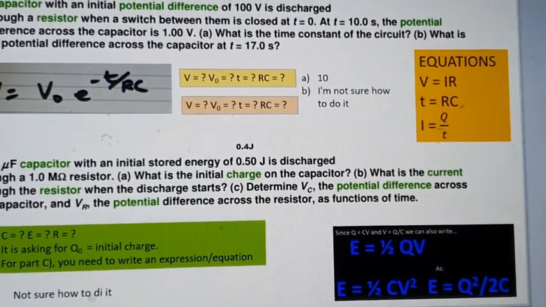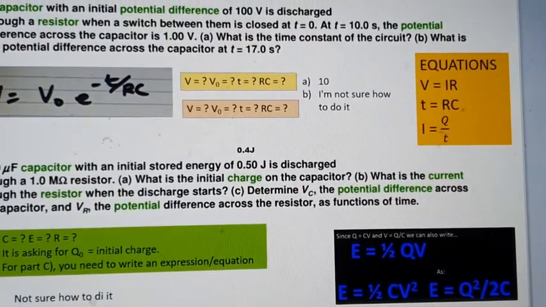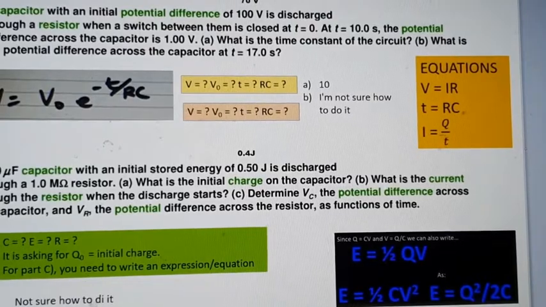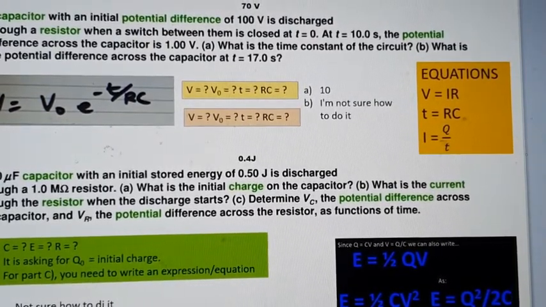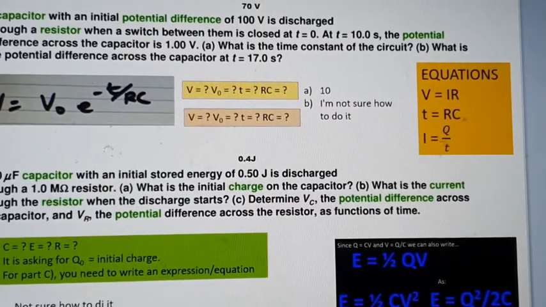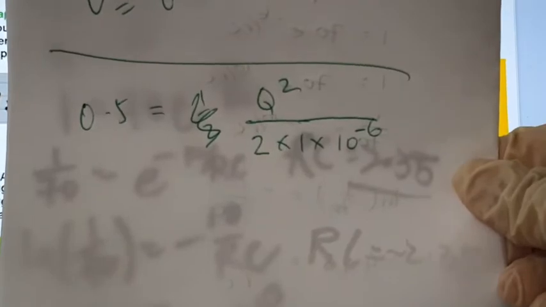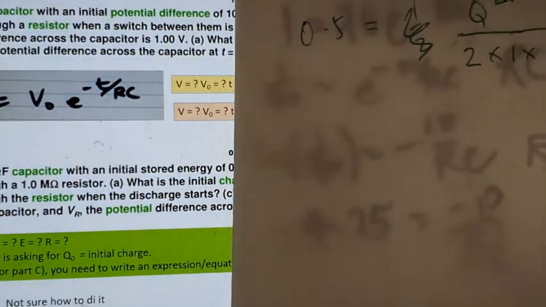So we're going to use 0.5 is equal to Q squared over 2. Now what's C? C is 1 times 10 to the minus 6. So E is equal to Q squared over 2C, and you're given E because E is 0.5.